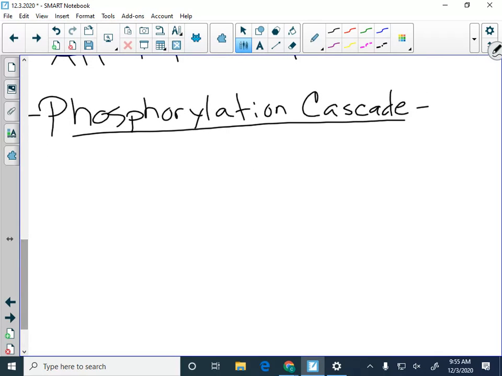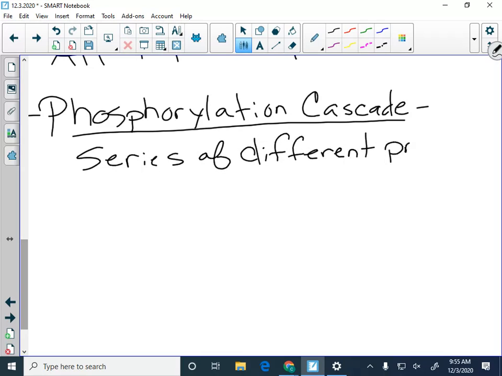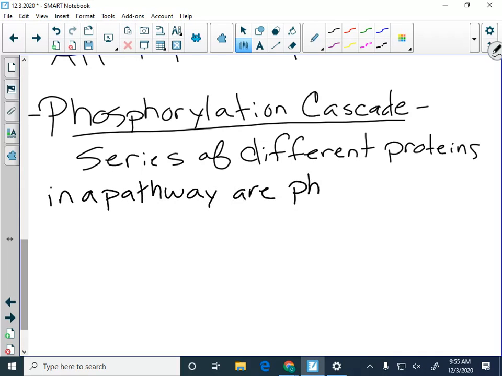So, a series of different proteins in a pathway are phosphorylated, each adding a phosphate group to the next.